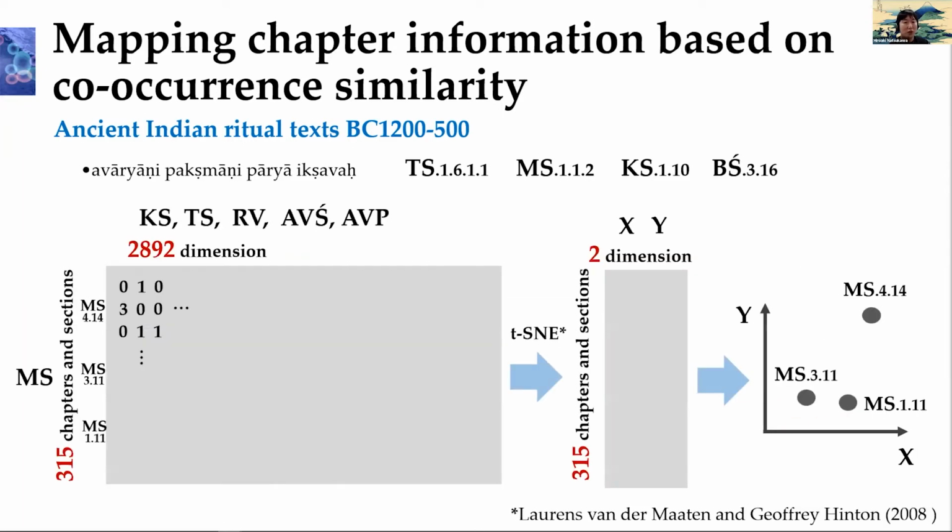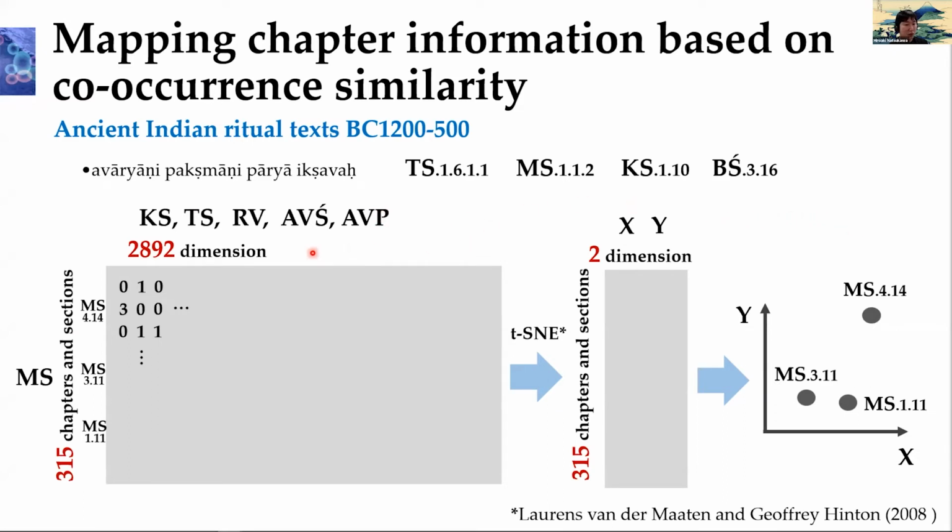Okay. So when we focus on the MS, we consider the data as a large matrix of co-occurrence relations between the MS and the other literature, the KS, TS, RV, AVS, AVP.